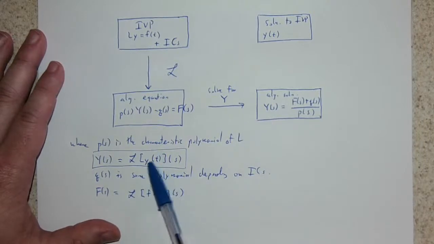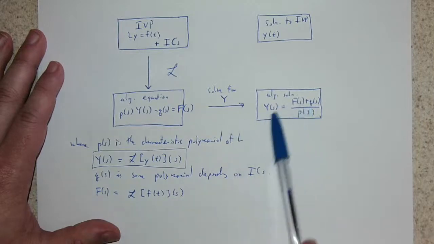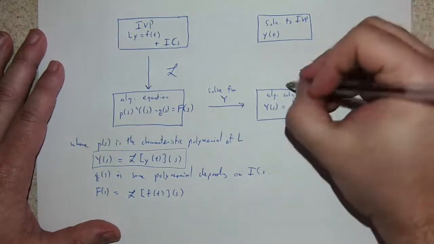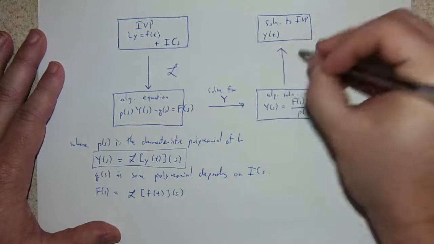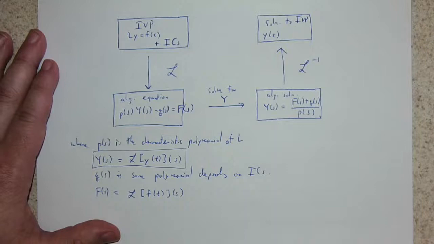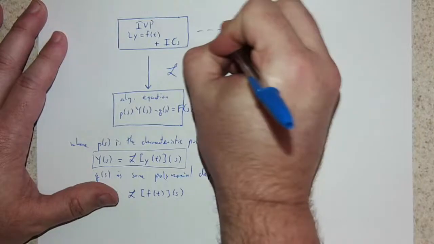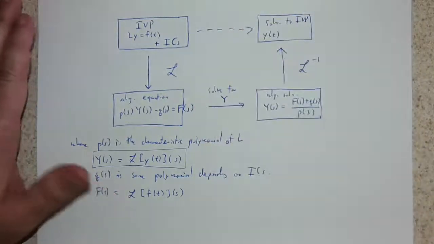But what I really want is little y, not big Y. Well, how do I go from big Y to little y? I have to hit it with the inverse Laplace transform. We'll see how that works. And this completes my solution here.